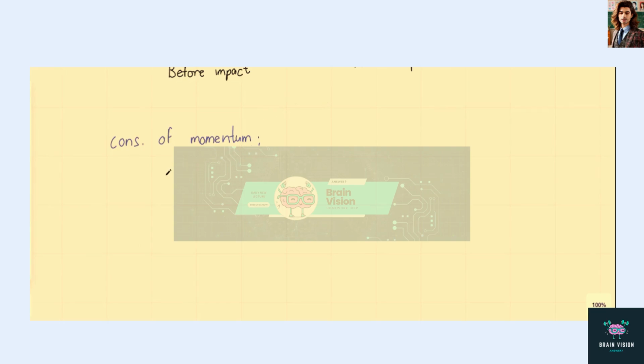So applying the conservation of momentum and taking the right direction as positive, we have that the momentum of ball A, MA VA1, plus the initial momentum of ball B, MB VB1, must equal the momentum after the collision, which is MA VA2 plus MB VB2.